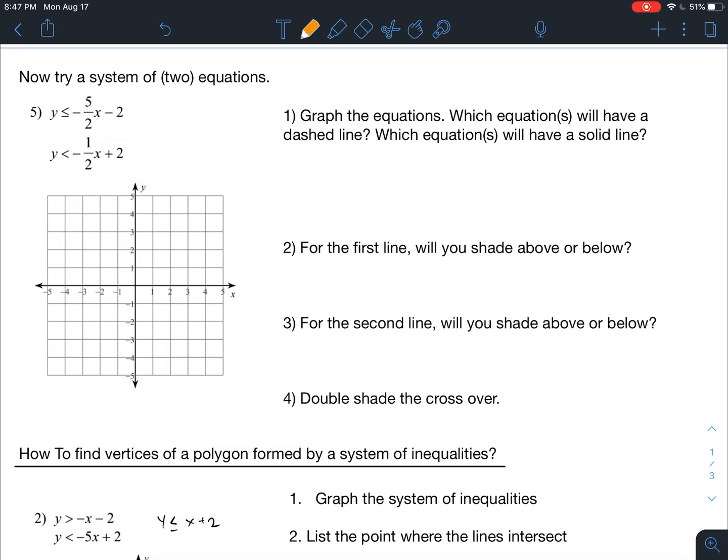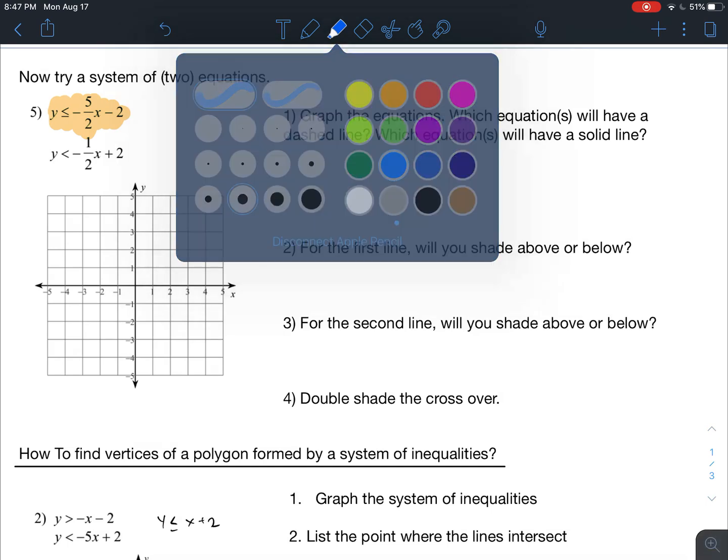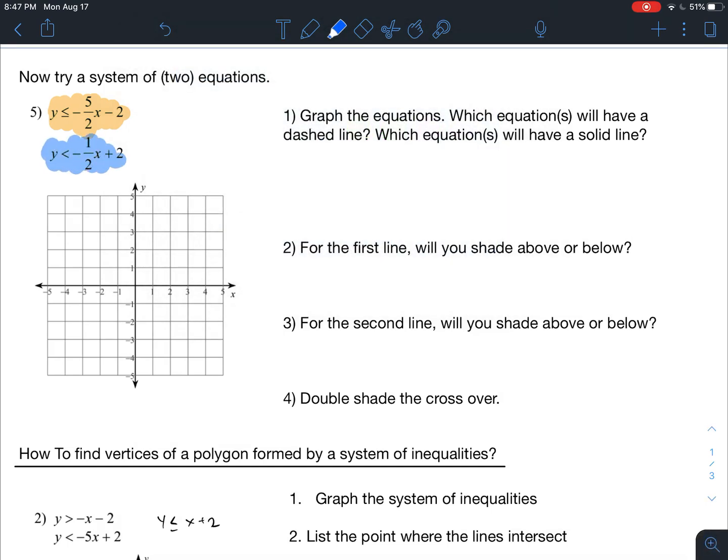So let's first go ahead and graph the equations. So let's graph the first equation. y is less than or equal to negative 5 over 2 x minus 2. So I'm going to draw this as my orange line, and I'm going to draw the other as my blue line, just to make sure that I know which one's which.